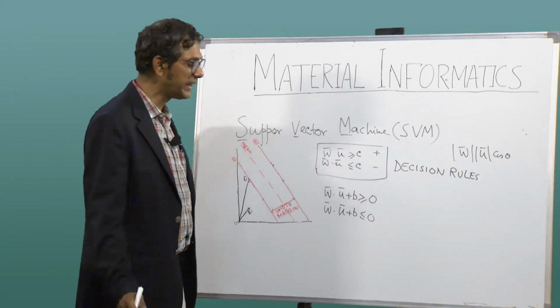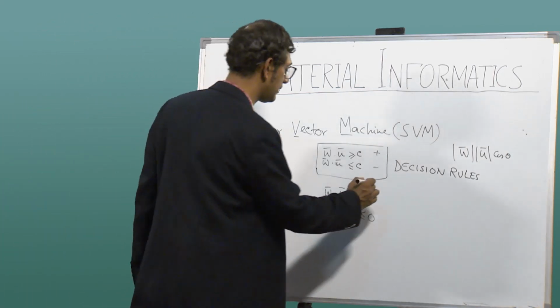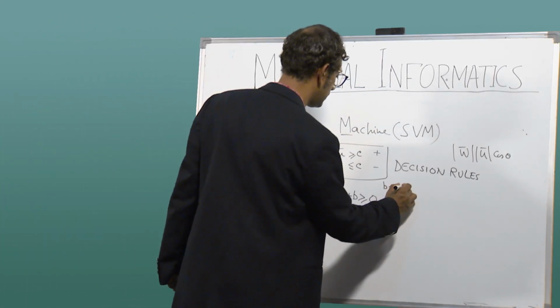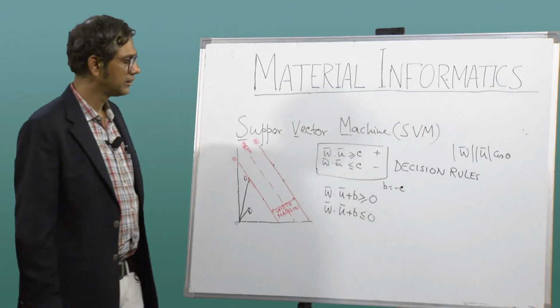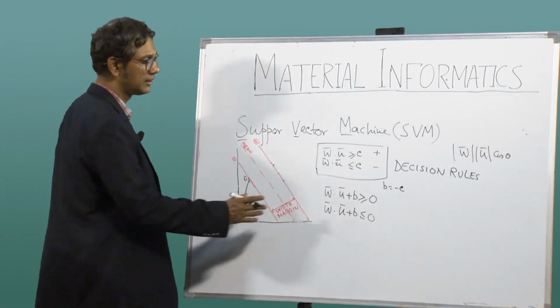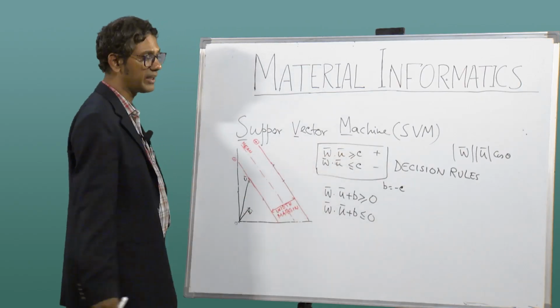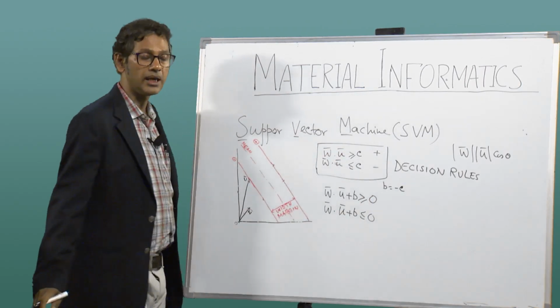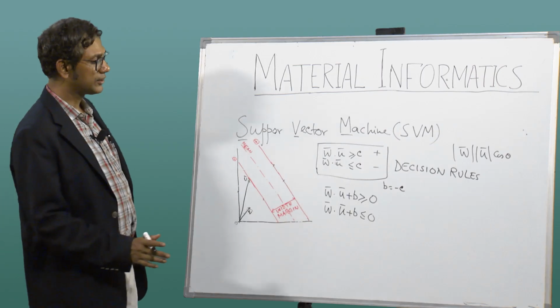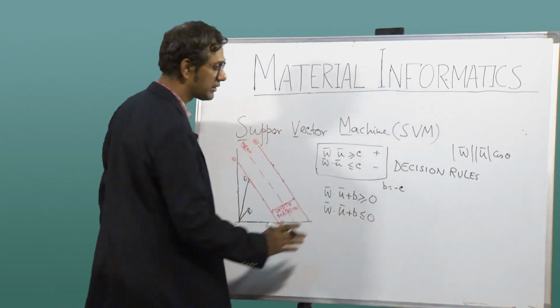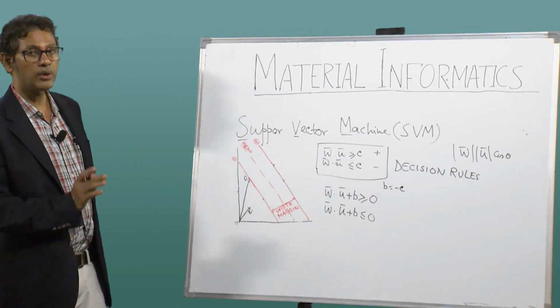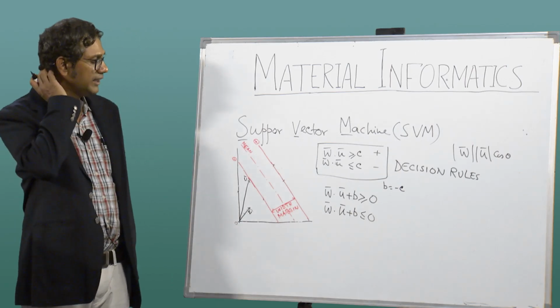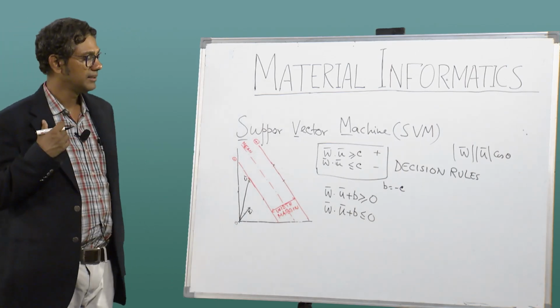Where B is very simply minus C. Am I clear? We have taken this C from this side as minus C. I have done no new mathematics. So, this equation tells me how the decision is to be made.